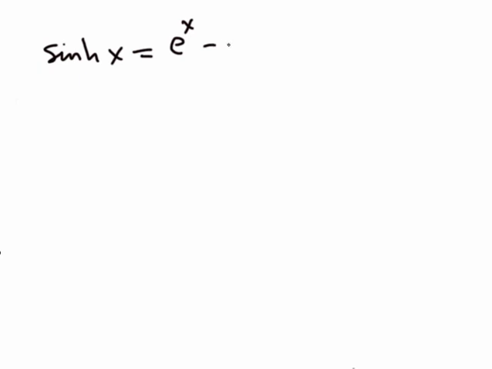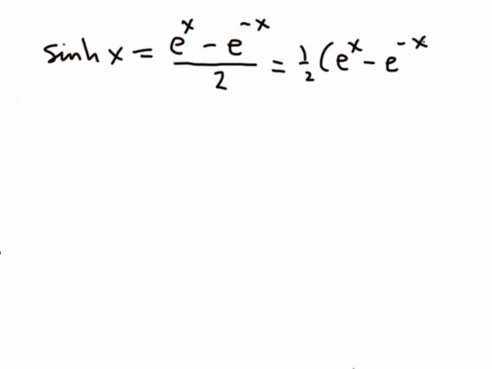We're going to define that as e to the x minus e to the minus x over 2. You can also make it a 1/2 out front instead of dividing by 2. So e to the x minus e to the minus x over 2.